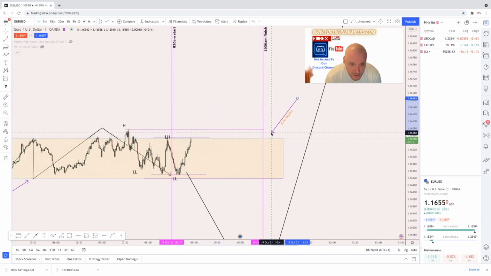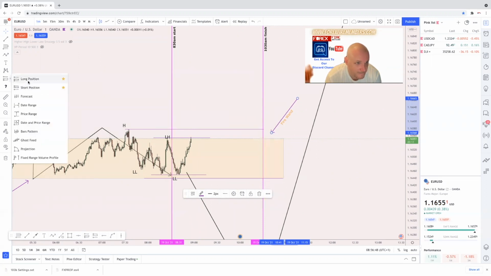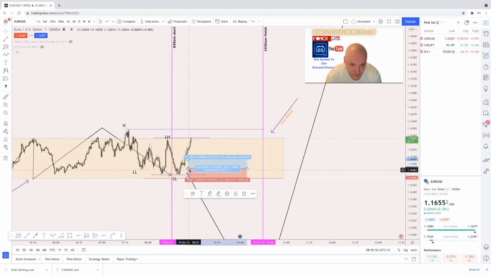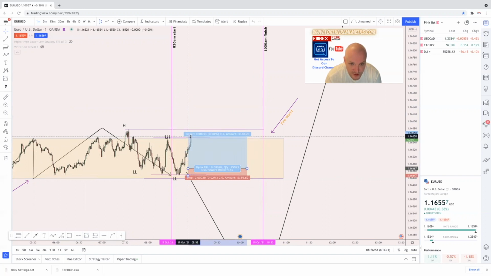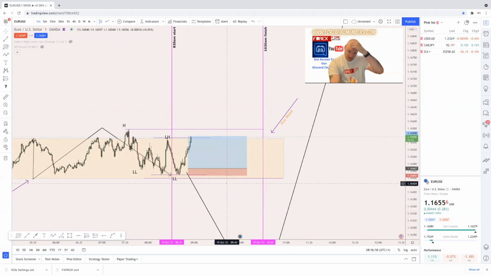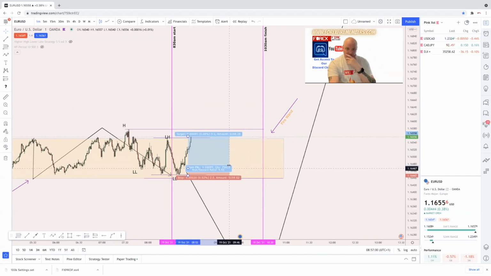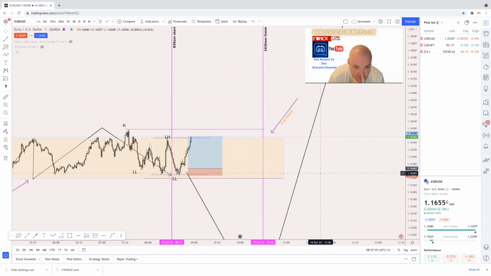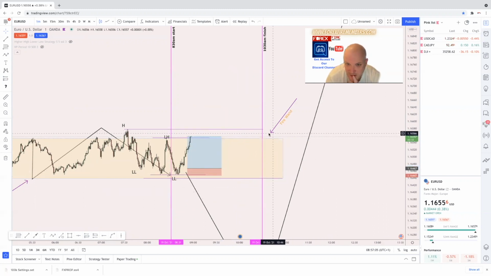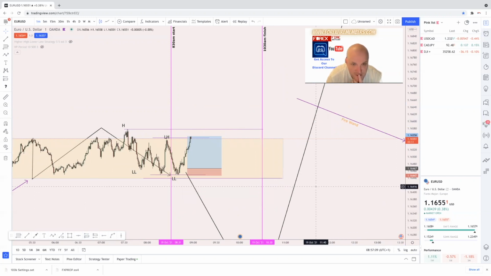Again, I would normally treat this as that's the order block, that's the range, that's the break. There's a few things I just want to look at before I decide whether I'm going to go for this. First of all, we've got 53 seconds left. There's starting to be a bit of a pullback.